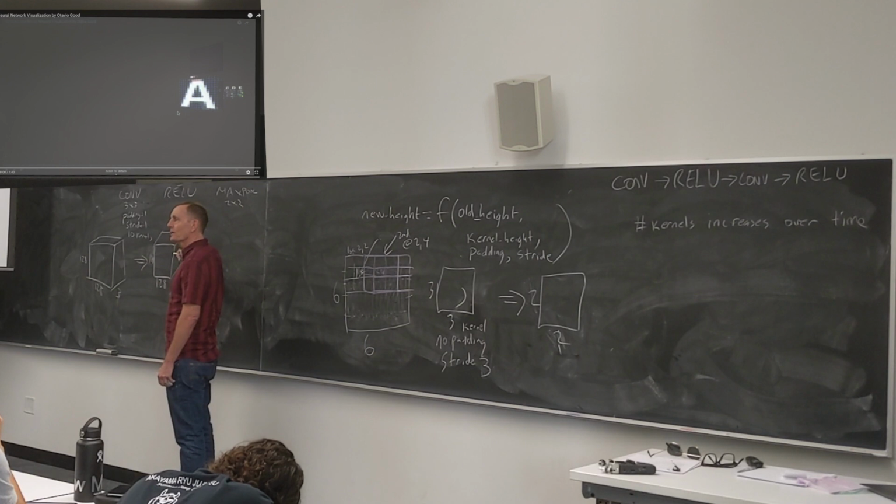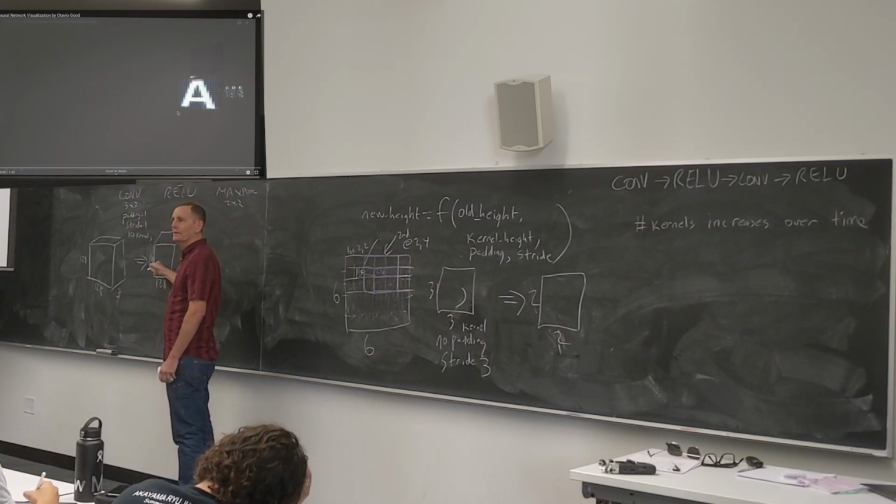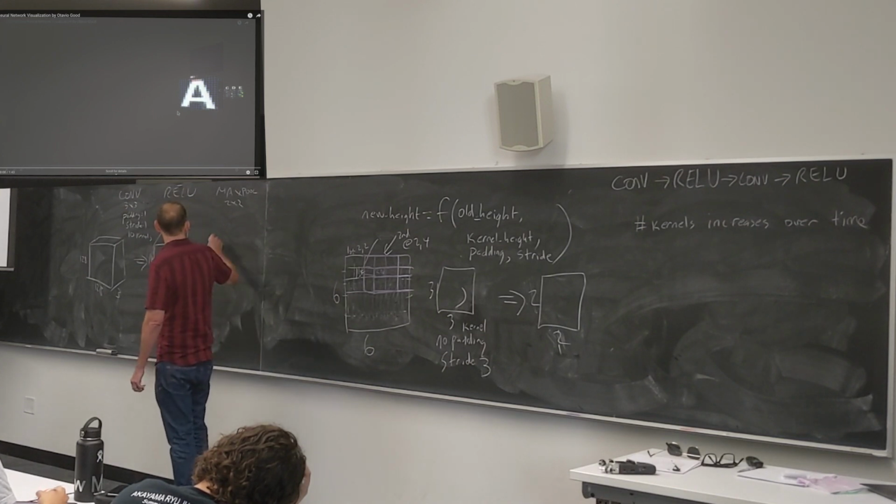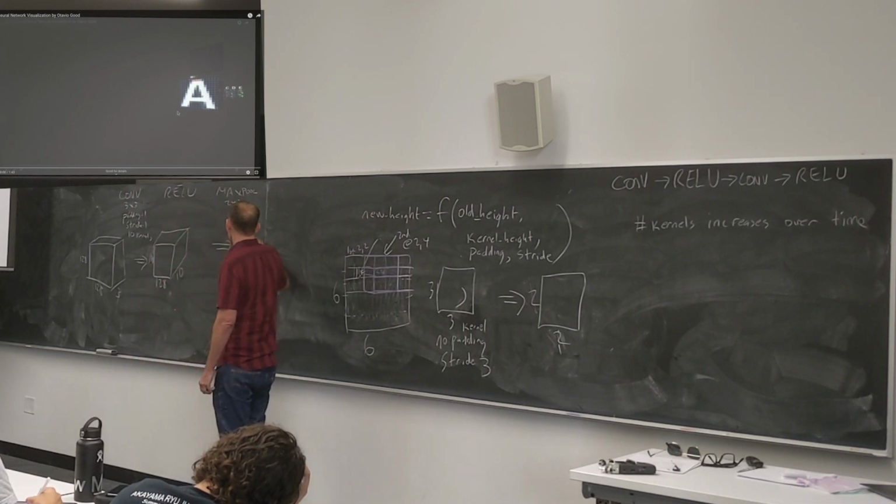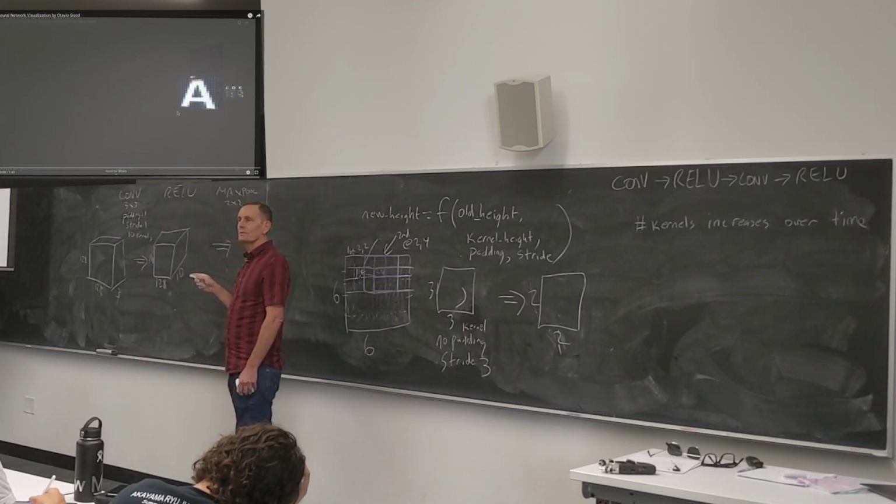All right, now we do a ReLU. Does a ReLU change our dimensions? Now, ReLU basically is taking every number in here, and if it's negative, turning it to 0. So I'm going to leave that alone. And now we do our max pool. So the question is, what's the size of this? Ali.